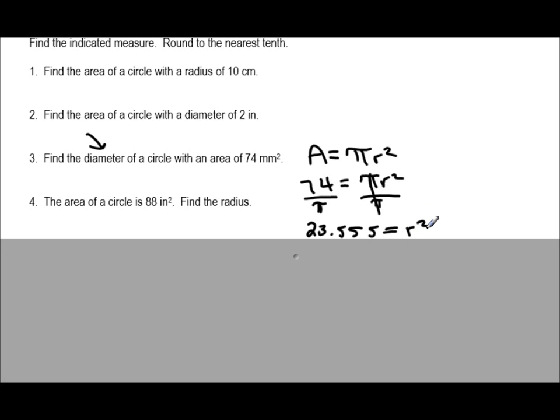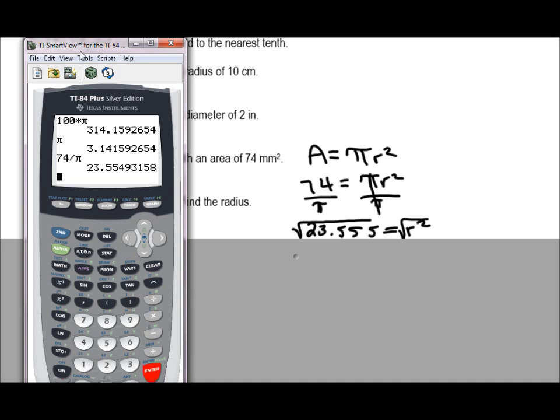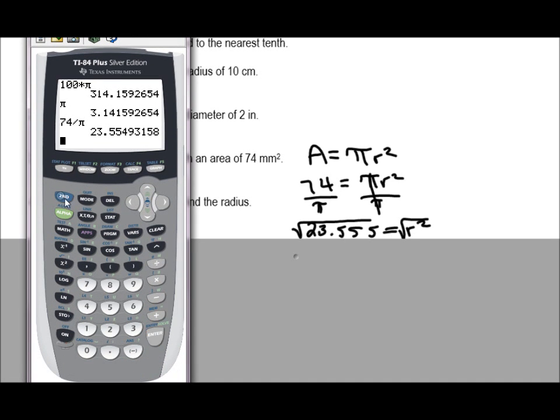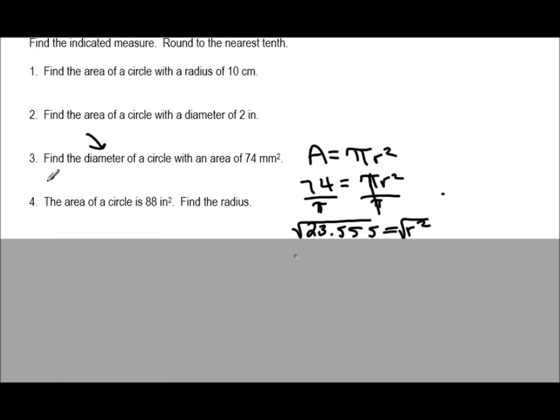And then to undo the square of the radius, we're going to take the square root of both sides. So we're going to take the square root of 23.555. That is 4.9. So the radius here is 4.9.